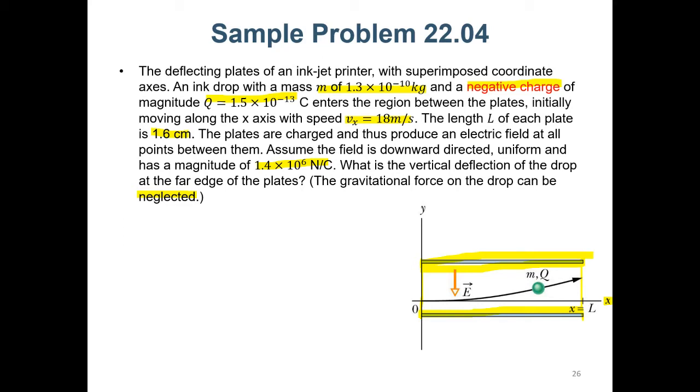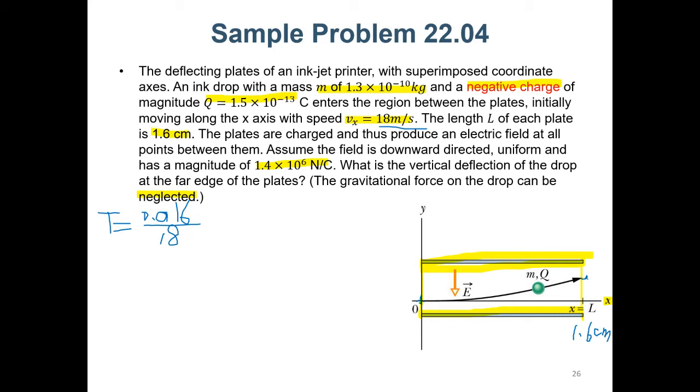Okay. So actually the time t for the drop going from this side to here will be 0.016 over 18, because L is 1.6 centimeters, and the horizontal speed, the speed in the x direction, is 18 meters per second.